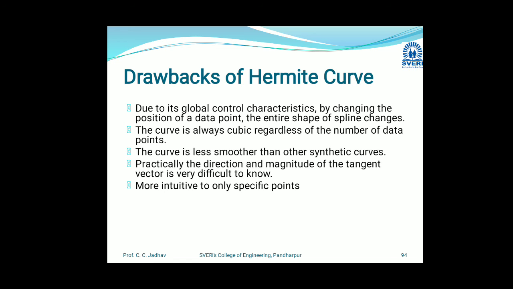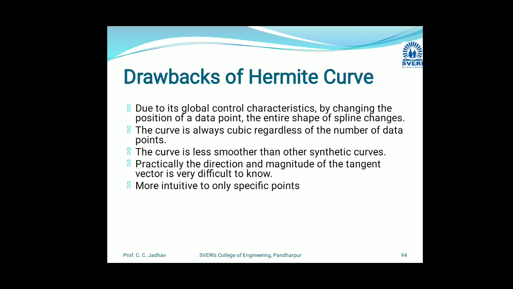The curve is always cubic regardless of the number of data points. The curve is also less smooth than other synthetic curves, which is one of the most important drawbacks.